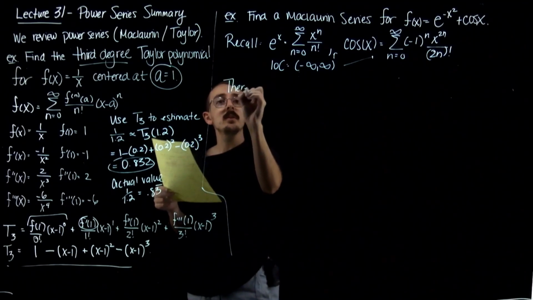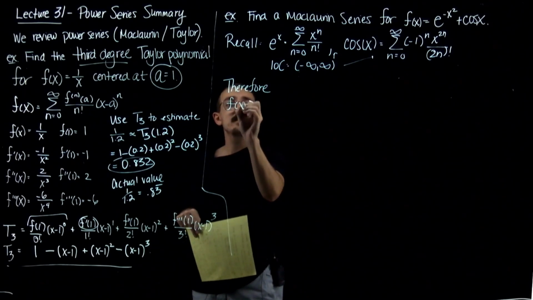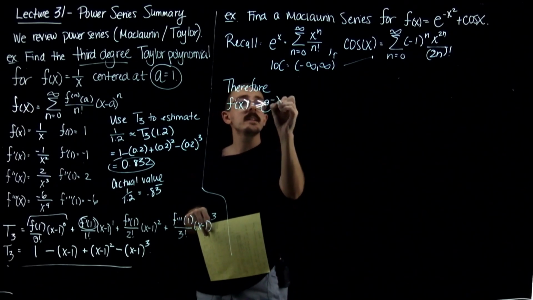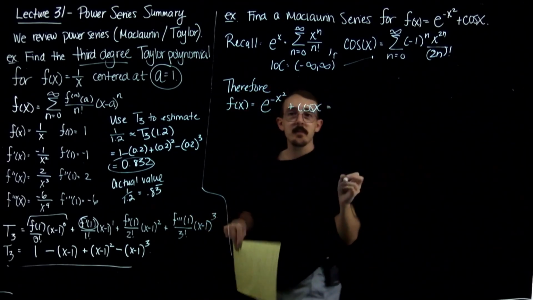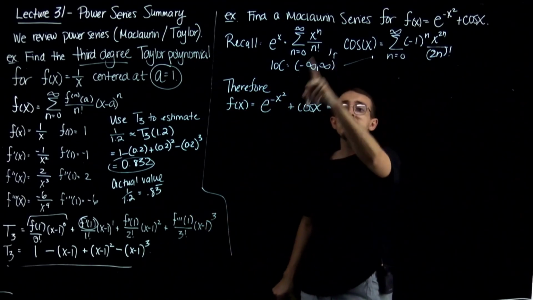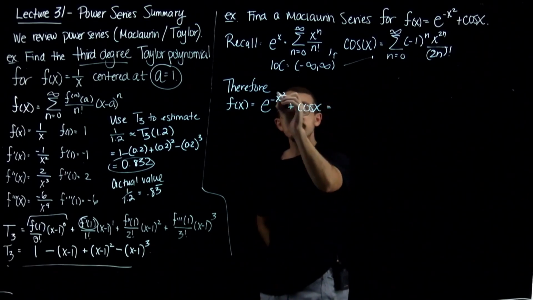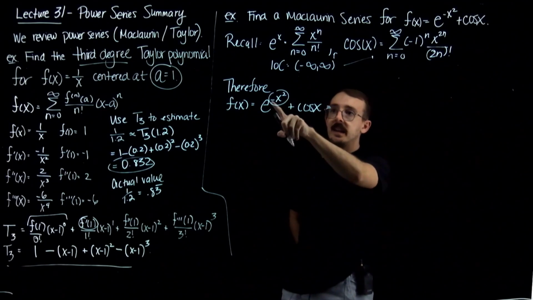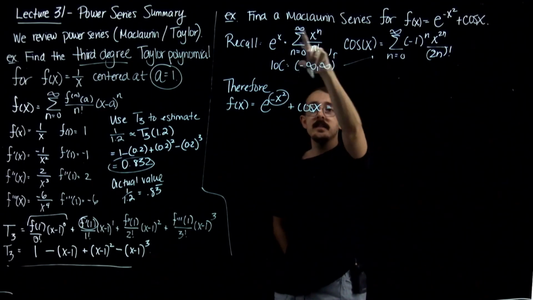So therefore, I'm going to use this as my stepping stone to get to what I need. So therefore, f of x, which is equal to e to the negative x squared plus cosine of x, is, and for each of these, I'm just going to replace it with its relevant Maclaurin series. So for the first one, you plug negative x squared into the spot for x in e to the x.